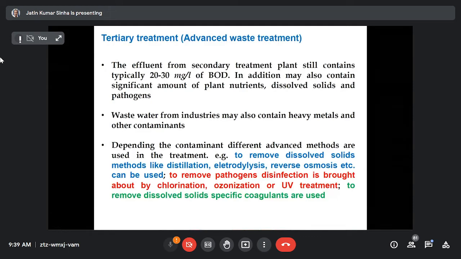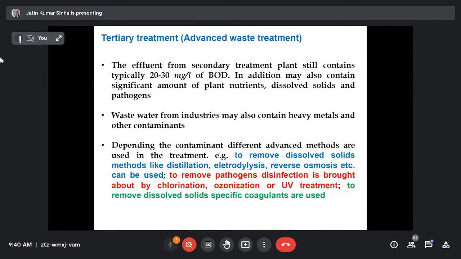So finally, to remove all these biological pollutants, it goes through either the ozonization process, the UV treatment, or sometimes chlorination. But this chlorination process, in some of the treatment techniques, they use at the very beginning of the process, in the pre-treatment. In some treatment techniques they use it at the end.